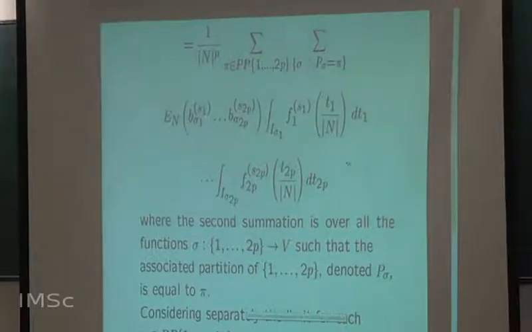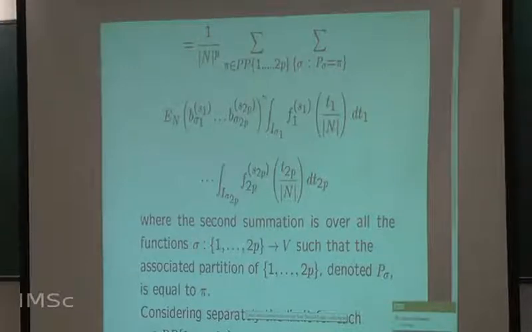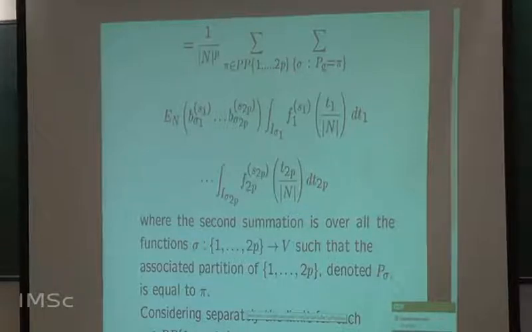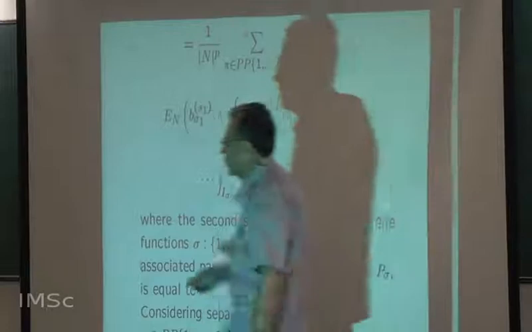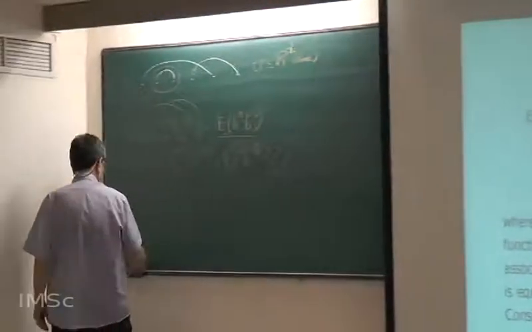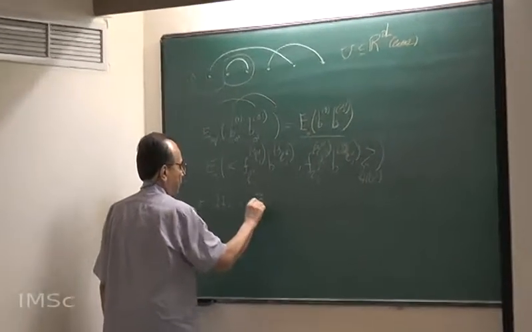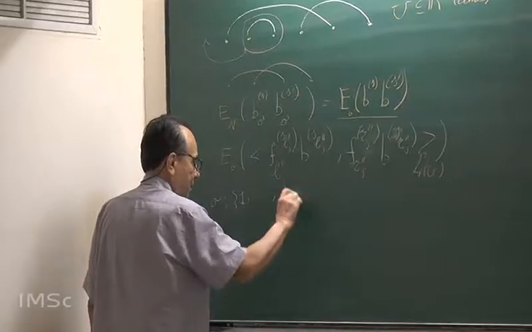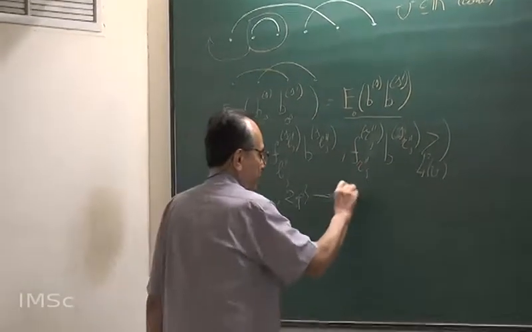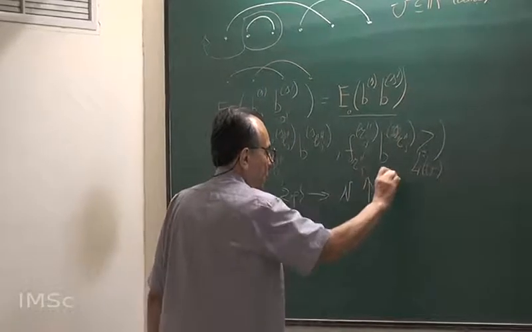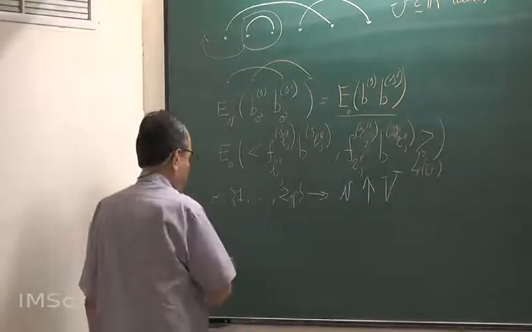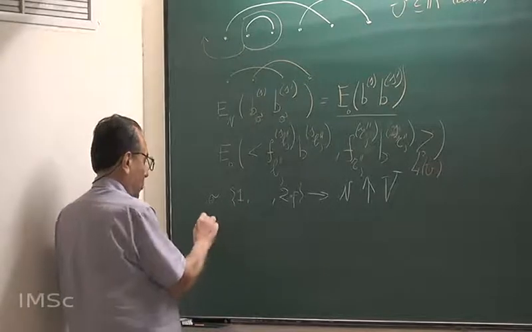So now I will not drop the sum over all partitions, and I will take only those sigma whose associated pair partition will be pi. I fix pi to every sigma. Remember, sigma is a function from 1 to p into the set n, and the partition associated to sigma.